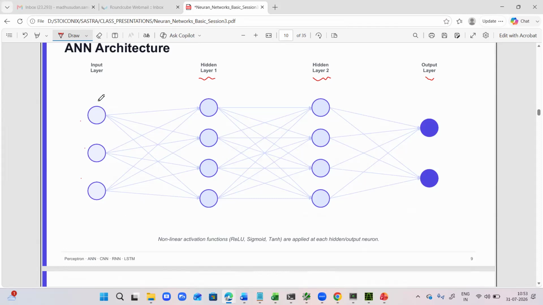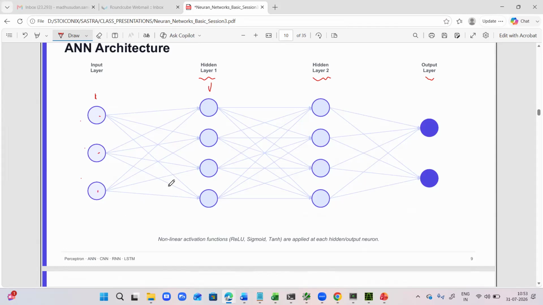Between the input layer and layer one, each neuron of the input layer is connected to every neuron of the hidden layer. So you can see that this particular neuron has one, two, three, four connections. Likewise, this will have four, and this will have four connections.